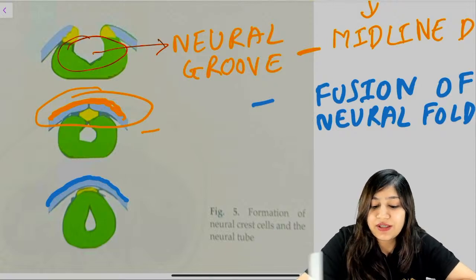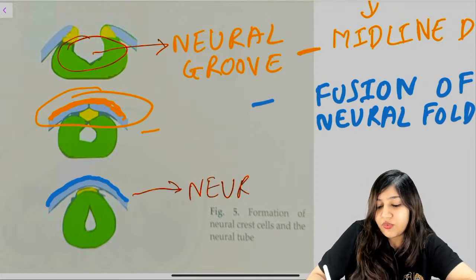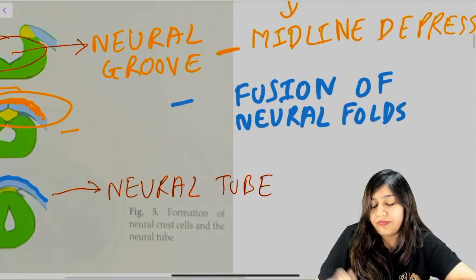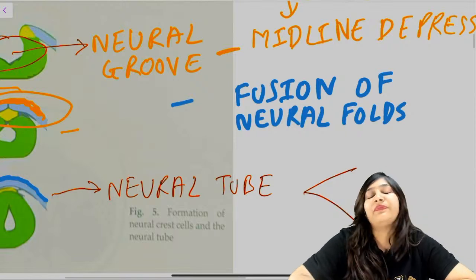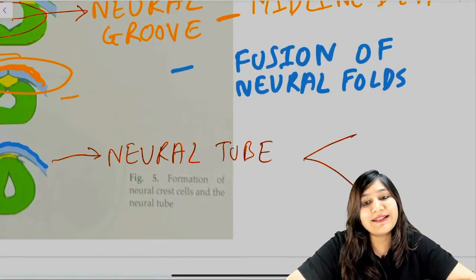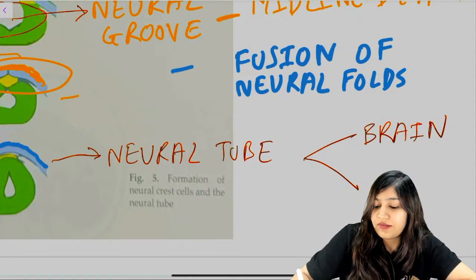So it leads to the formation of the neural tube. This neural tube forms what? Brain and spinal cord.